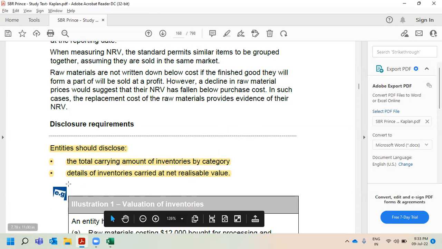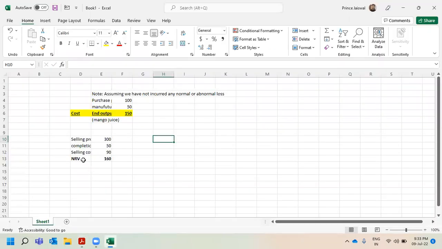Second, we have to make a disclosure of inventory carried at net realizable value. In our example, we don't value this inventory at NRV, so we don't have to disclose it because we have already valued it at cost.